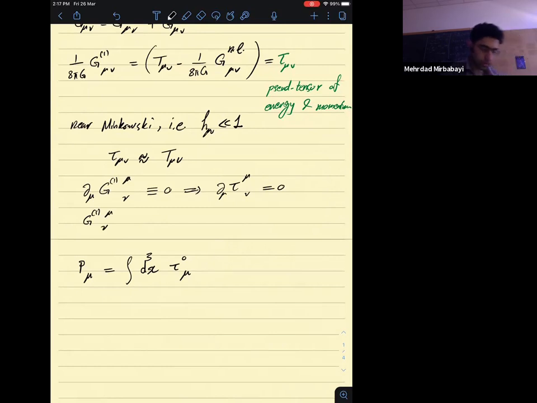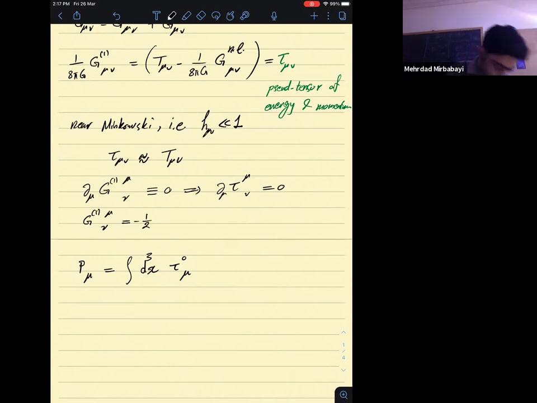This linearized Einstein tensor is something linear in h mu nu, the fluctuations, and this can be written as, okay, I put this factor -1/2 here, which might sound weird since I'm not defining a new quantity.